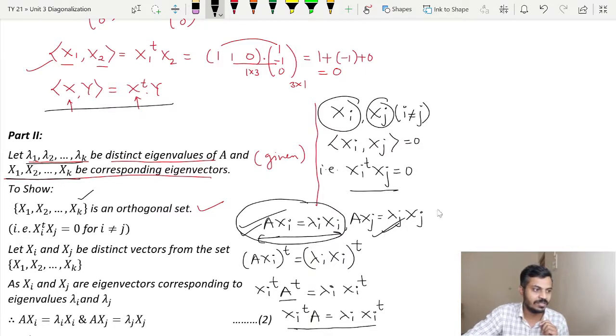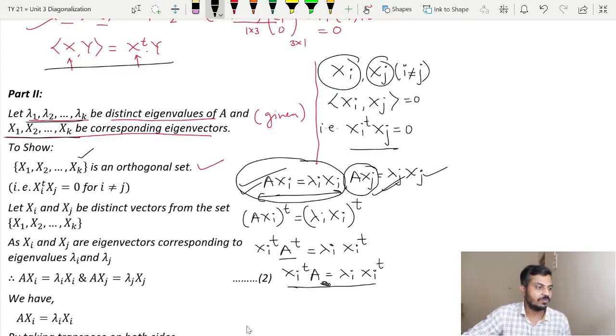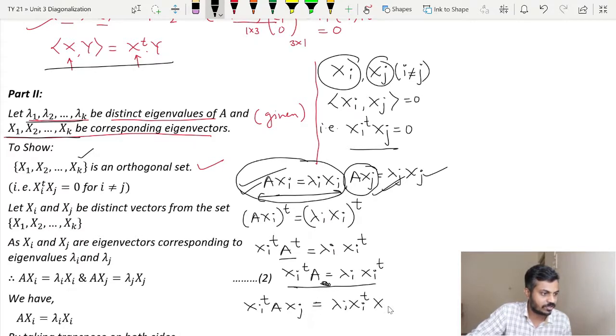We have already used this one, now I have to use the other. So I will post multiply this equation by xj. If we post multiply by xj, what I will get? xi transpose A xj will be equal to lambda i xi transpose xj.